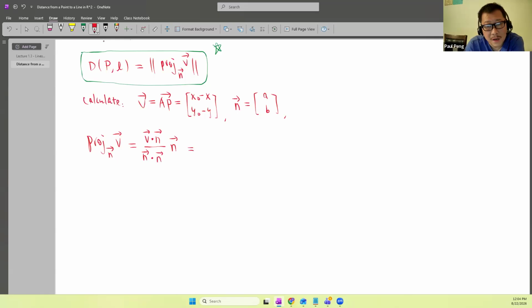So what is v dot n? It is a times (x0 minus x) plus b times (y0 minus y). For the denominator, n dot n, a times a is a squared, b times b is b squared, so add them together.